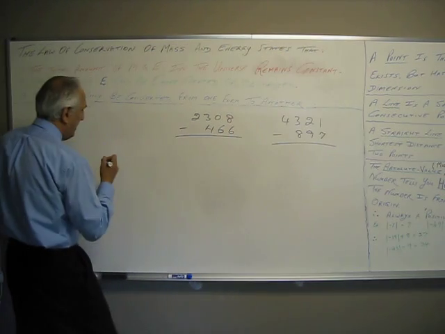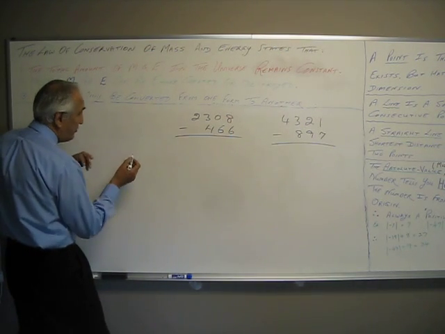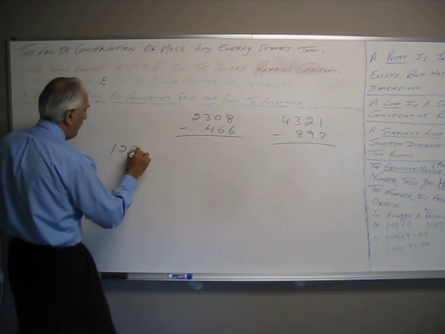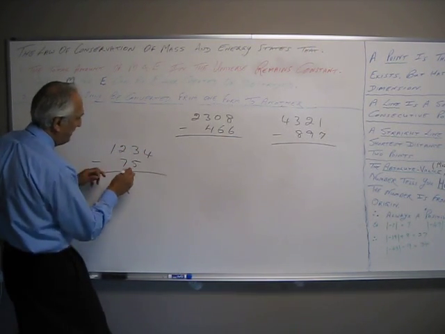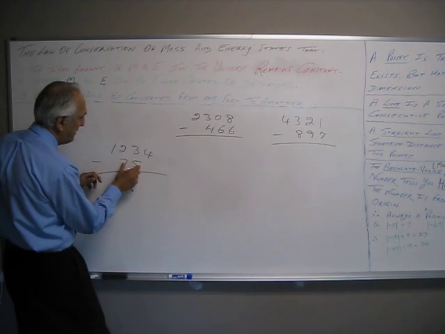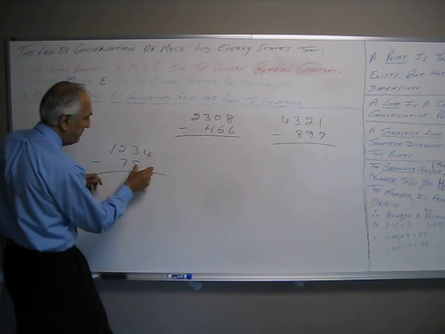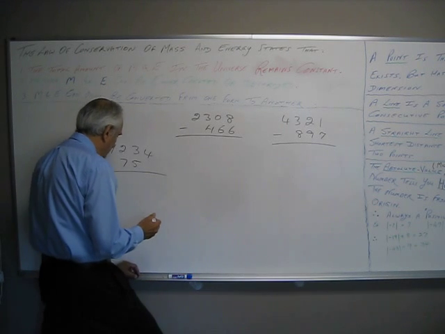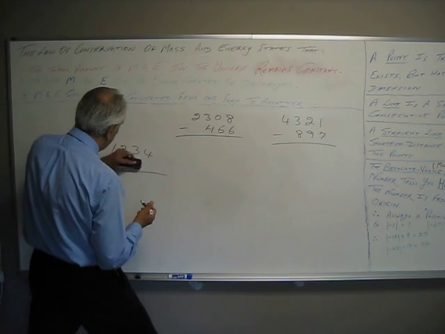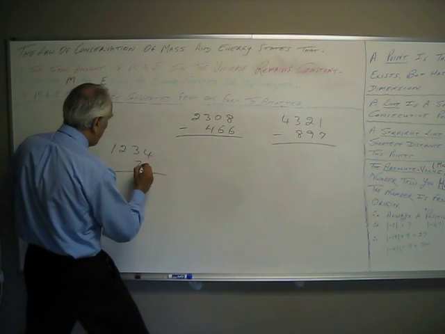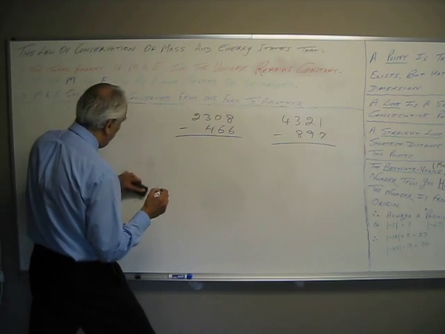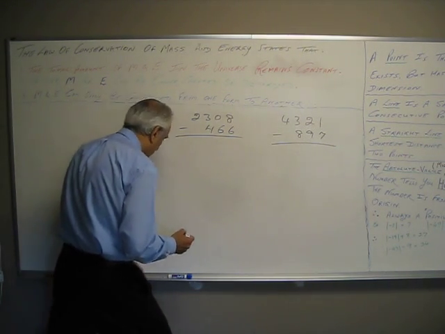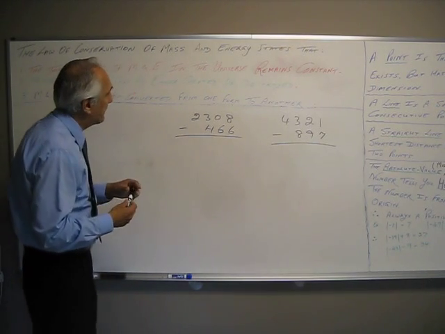In other words, you should never see a number like this: 1, 2, 3, 4, from there you subtract 75. The 75 is written incorrectly. It should have been written here, so that the numbers are right justified on the rightmost column. Fair enough? Okay. So let's begin the process of subtraction, column by column, from right to left.